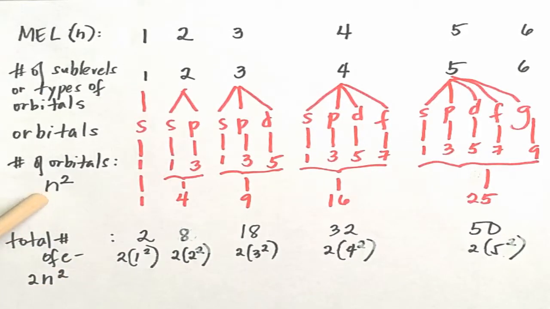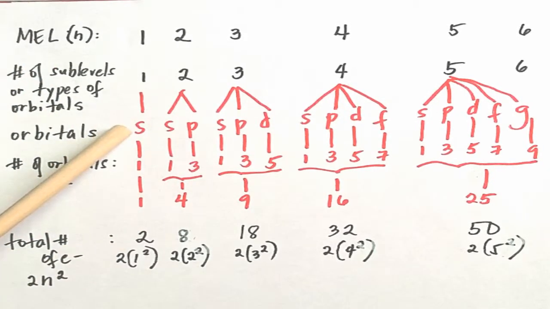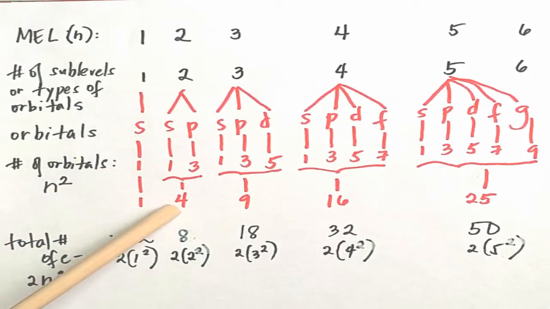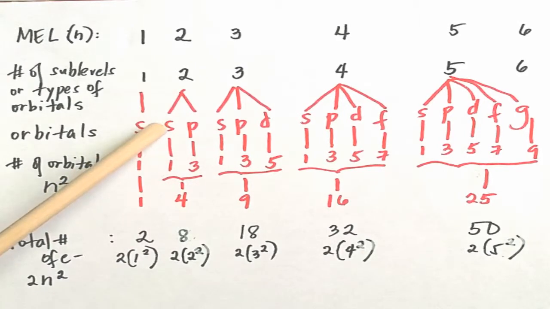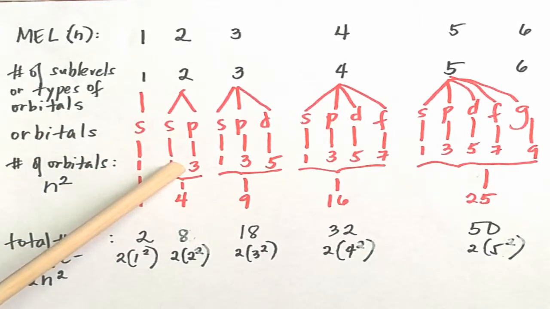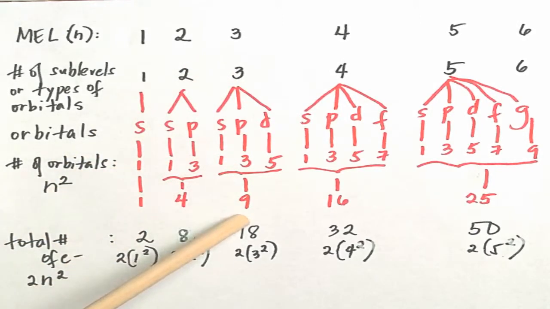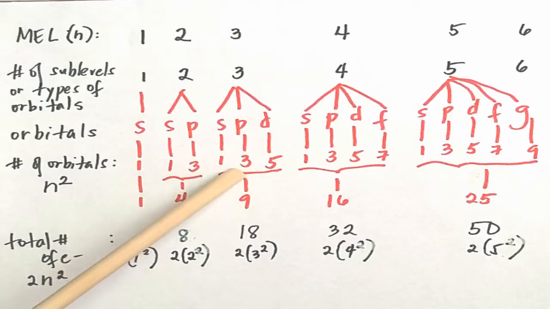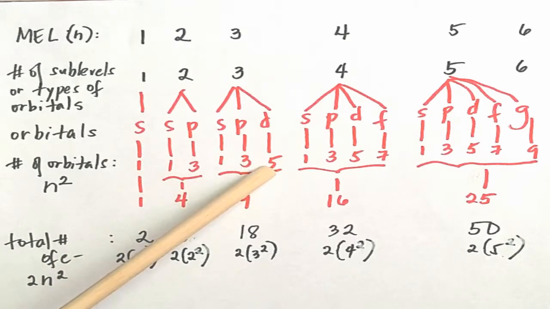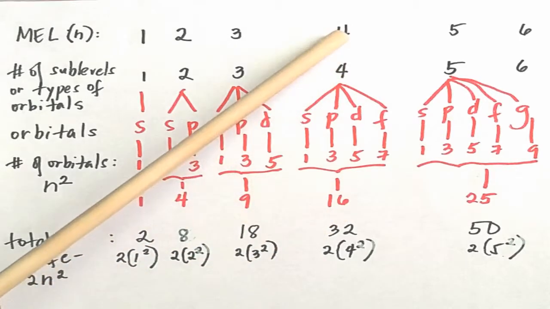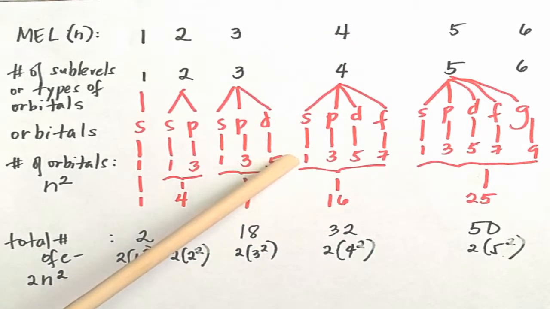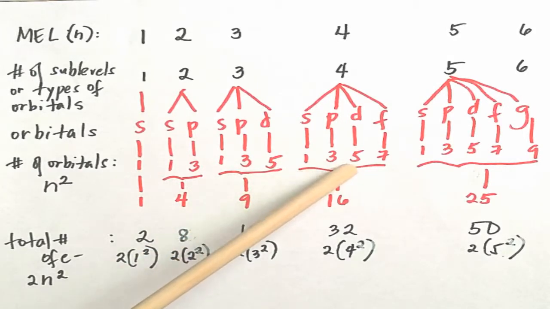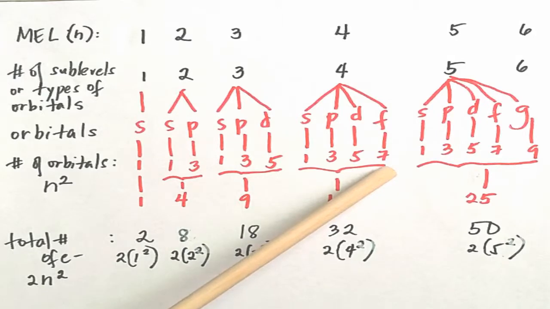So, if we are to look at the number of orbitals, we can use the formula n squared, where n refers to the main energy level number. 1 squared is 1, and that refers to the s orbital. 2 squared is 4, and that refers to the 1 s orbital and the 3 p orbitals. 3 squared is 9, referring to the 1 s orbital, 3 p orbitals, and 5 d orbitals. 4 squared is 16, referring to the 1 s orbital, 3 p orbitals, 5 d orbitals and 7 f orbitals.